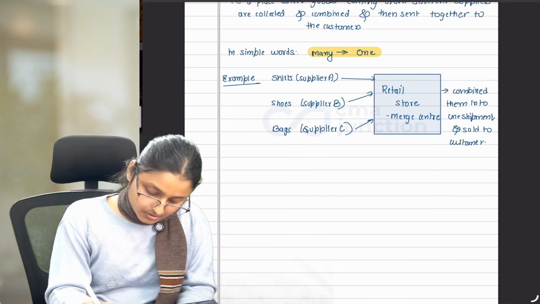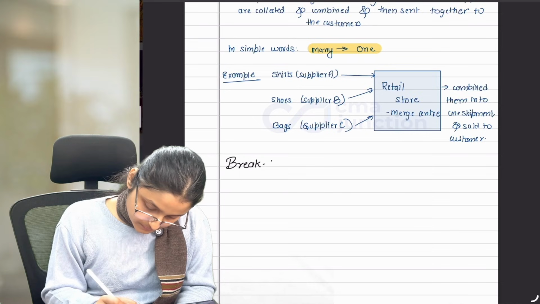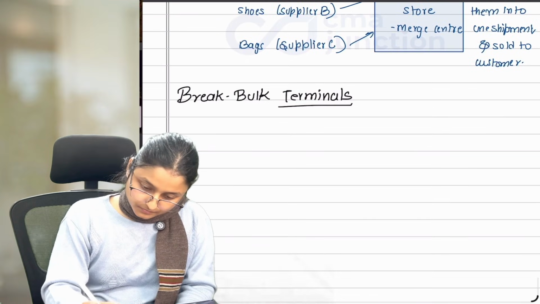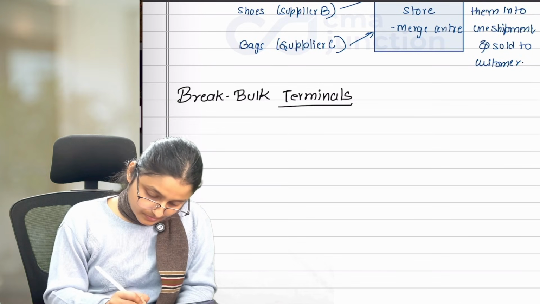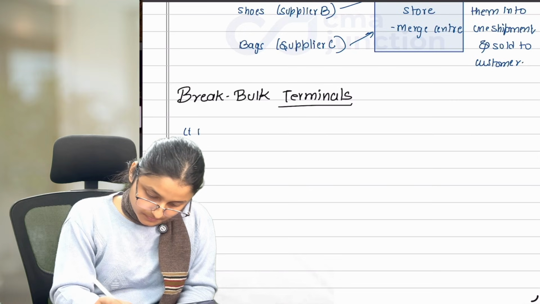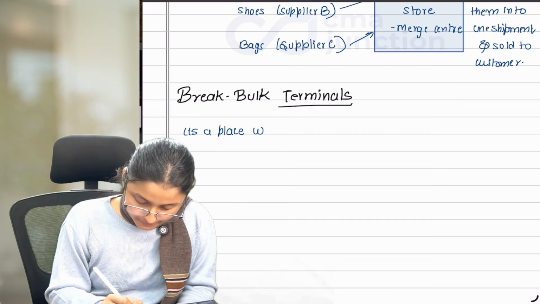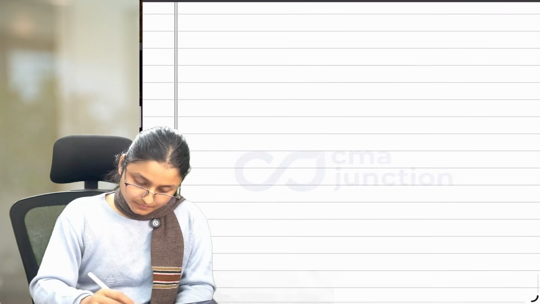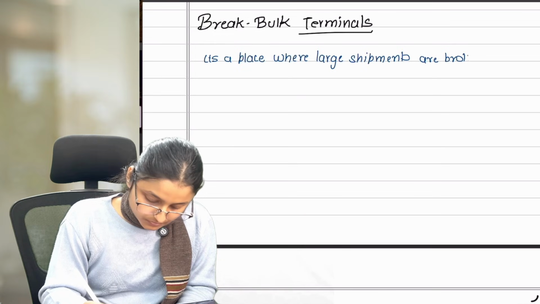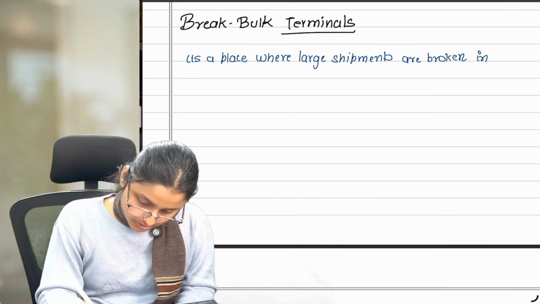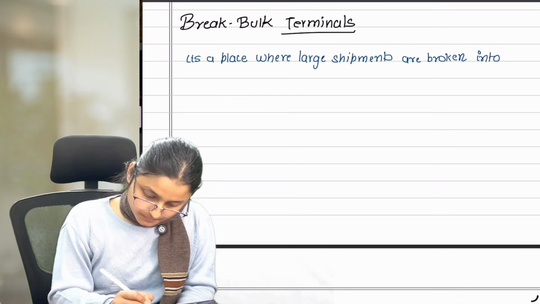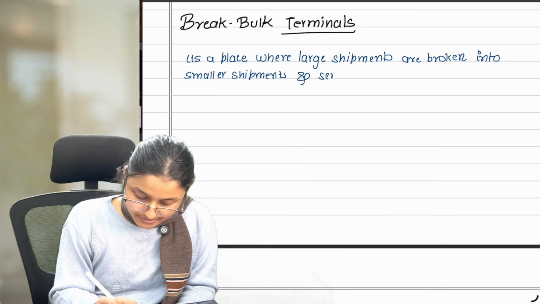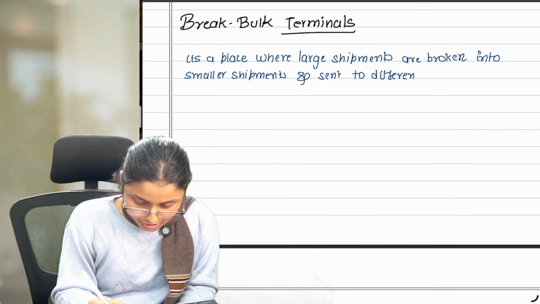Next comes break bulk terminals. It's a place where large shipments are broken down into smaller shipments and sent to different destinations.